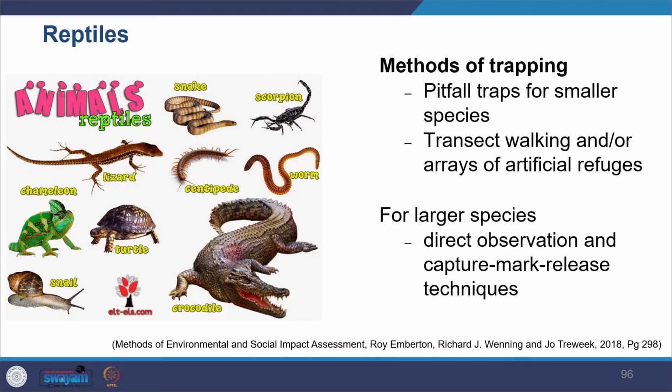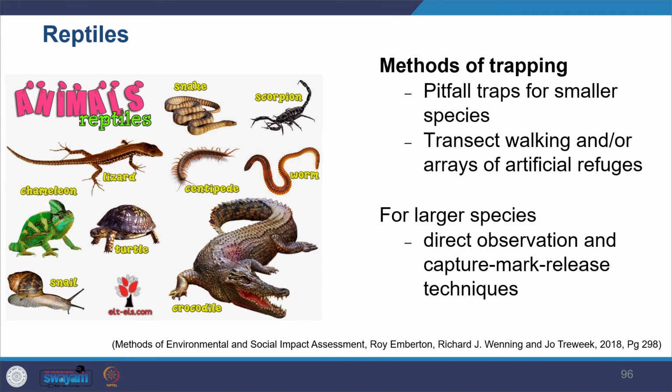Then you also need to look into reptiles, and you can have pitfall traps for smaller species. You can have transect walking, and for the larger species you can also use direct observation and capture mark release techniques.